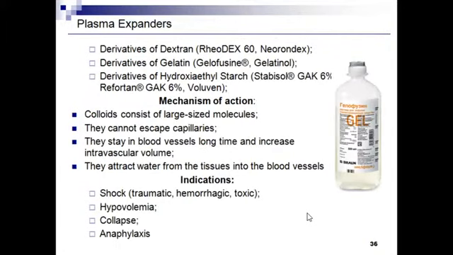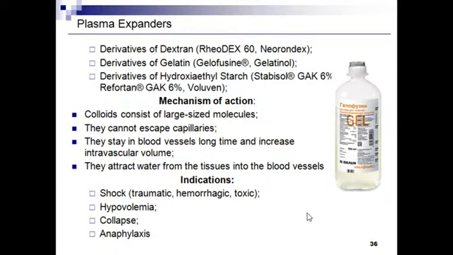First clinical group, plasma expanders. This group involves derivatives of dextran, for example, Reopolyglucin, Neurondex, derivatives of gelatin solution, gelofusine or gelatinol, and derivatives of hydroxyethyl starch such as stabizol, refortan, volulyte. Mechanism of their action.